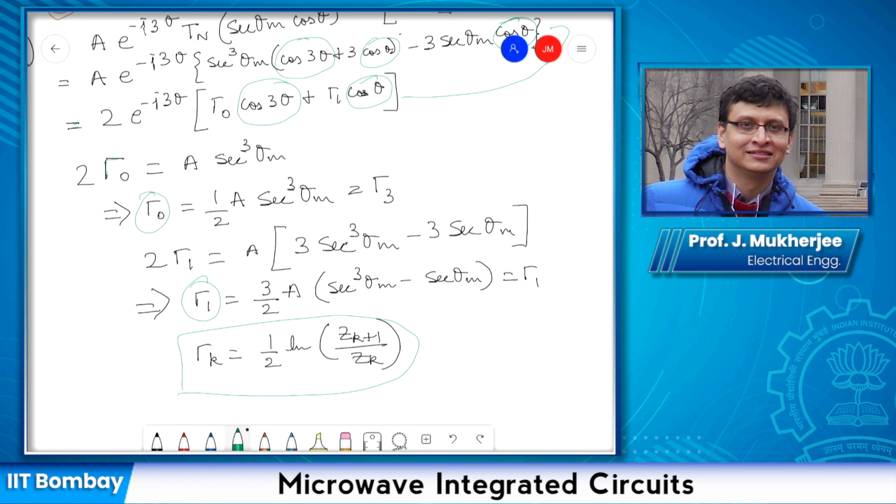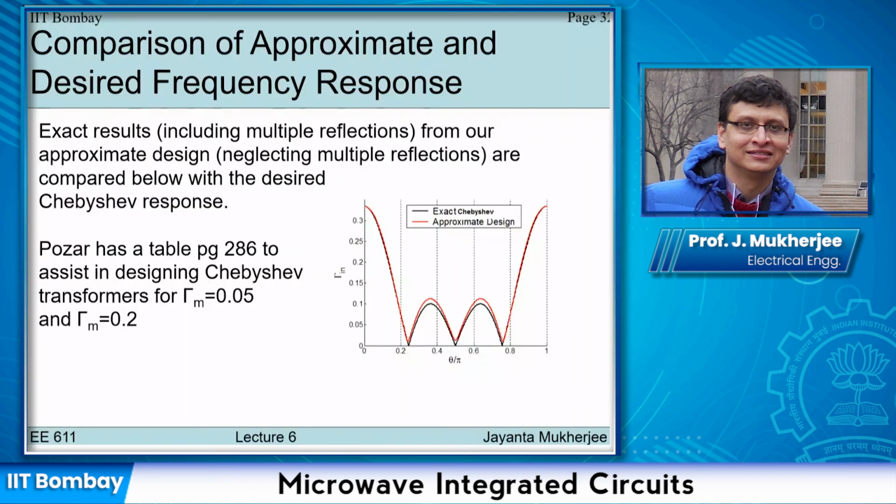Finally, I would like to show that plot that I showed for the binomial prototype function also, where we compare the equation of the prototype function with the actual input reflection coefficient obtained from ADS. So see, this graph shows the plot of the exact Chebyshev equation, this black one.